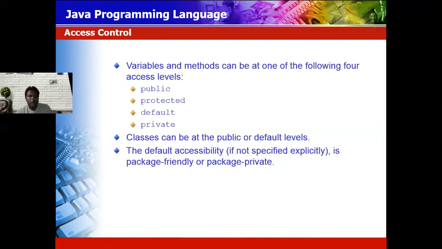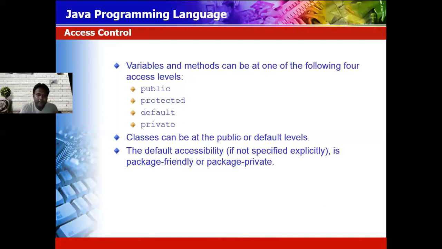There are four types of access specifiers present: public, protected, default, and private. What is the work of public?